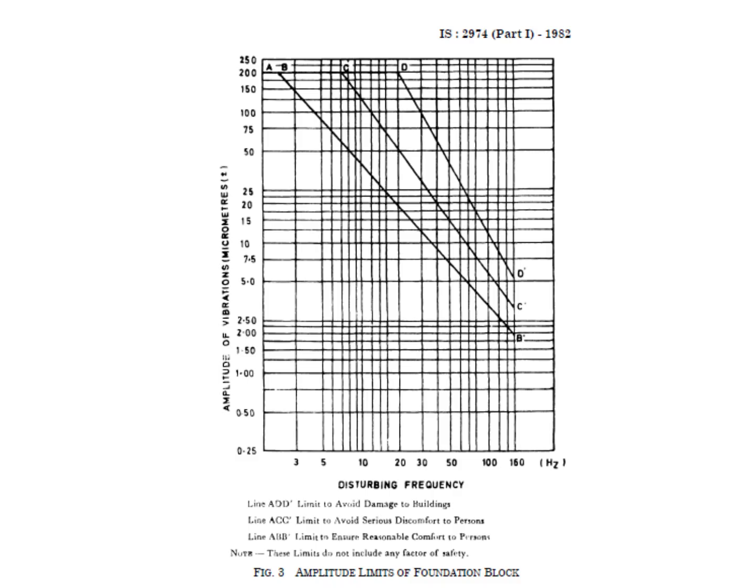Now a judicious choice is to be made, that is, the limit to avoid serious discomfort to persons and the limit to allow reasonable comfort to persons, depending on the situation. For plants which are very less frequently visited by persons, we may choose a higher level of disturbing amplitude of vibrations.